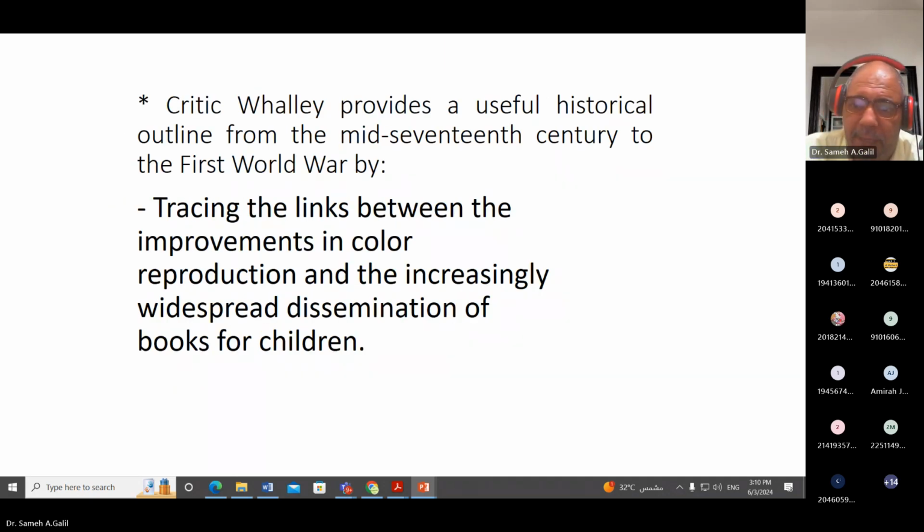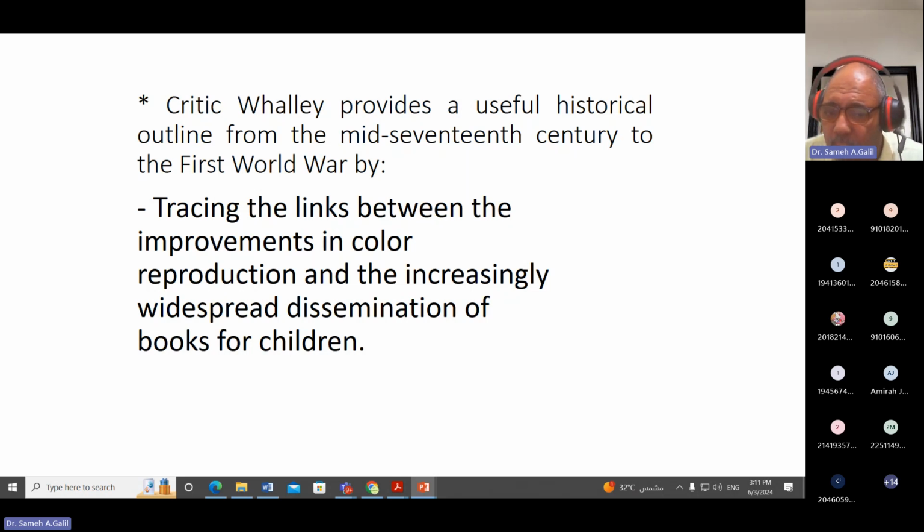And then we'll move on to talking about picture books and children's literature in general and how it came about. The first critic that we're dealing with is Wali. Wali provides a useful historical outline about the business that we now call children's literature, and the idea of having pictures in a book. He starts at the mid 17th century, and he ends those discussions with the First World War.